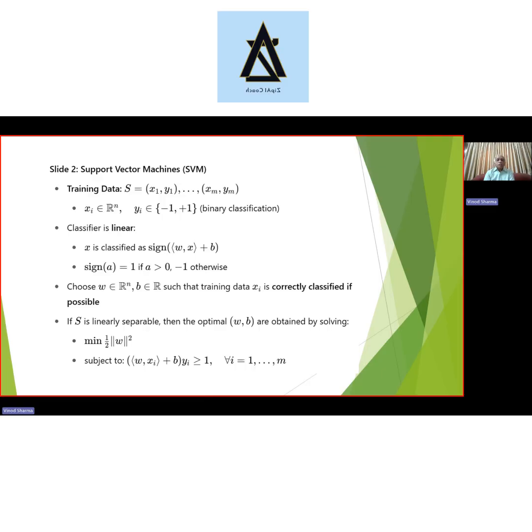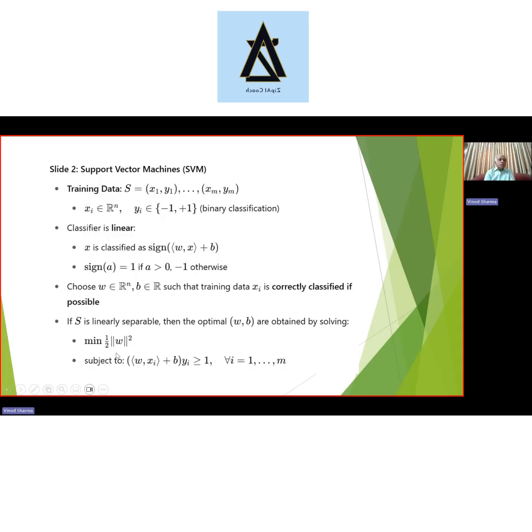If such a WB exists, then this is called linearly separable. Now, if the data is not linearly separable, then obviously such a WB does not exist. If it does exist, this optimization problem will give the best WB.